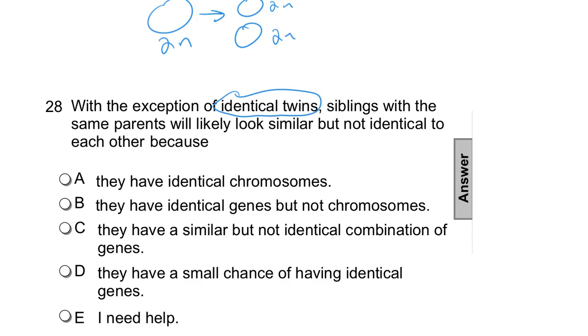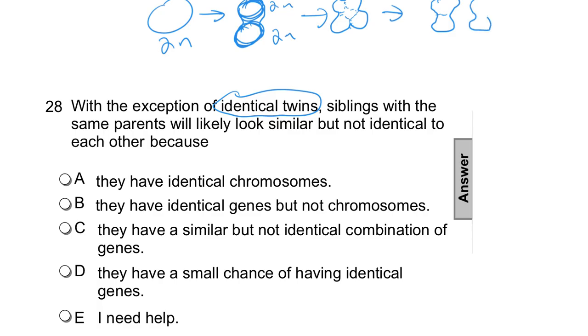But those 2N cells usually stick together after they're formed. They connect to each other, and it continues like that until you have an embryo with many cells stuck together. Now, at some point, by accident, we don't know exactly how, those can get separated.